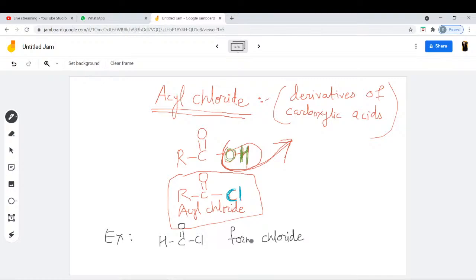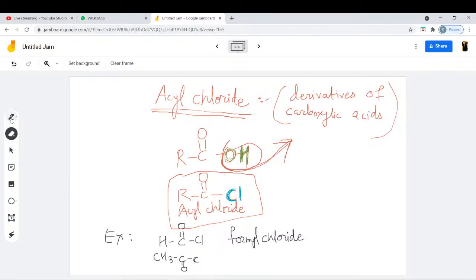Next, another example: CH3 C double bond O, then Cl.